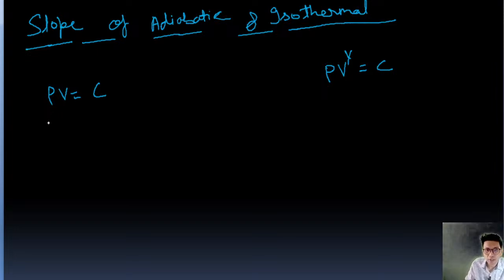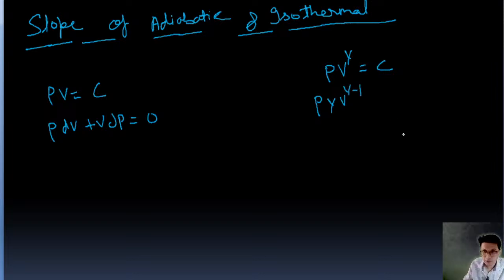So we'll differentiate it. For isothermal, this is going to be P dV plus V dP equal to 0, since the differentiation of a constant is 0. And for the adiabatic case, this is going to be P gamma V to the power gamma minus 1 dV plus V to the power gamma dP equal to 0.